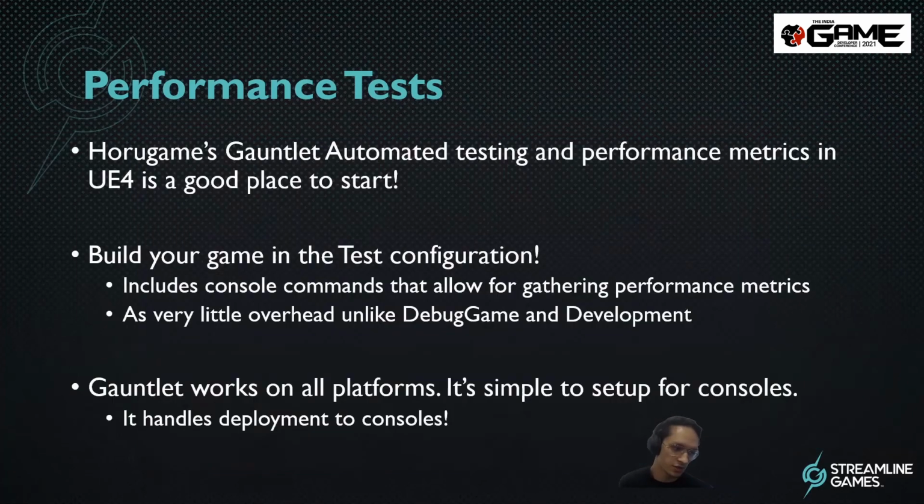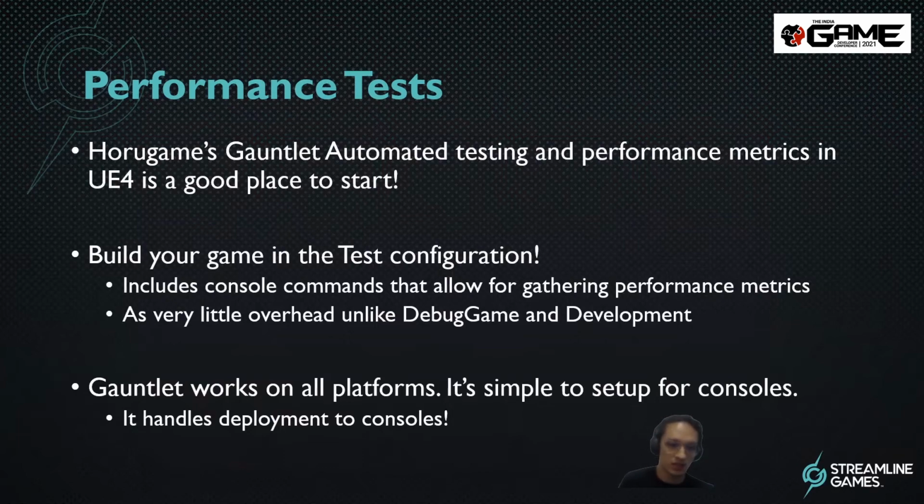If you do want to get started with performance tests yourself, I would highly recommend Horror Games' Gauntlet Automated Testing and Performance Metrics article. It's a really, really good place to start. They have essentially a guide on how to get started. Some things to keep in mind is you'll want to build your game in the test configuration.